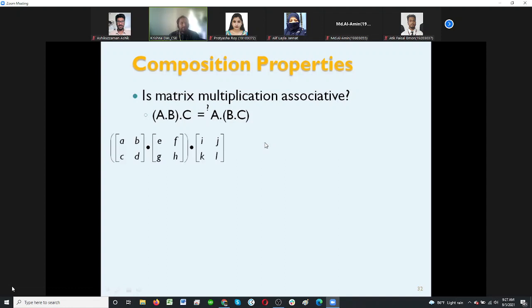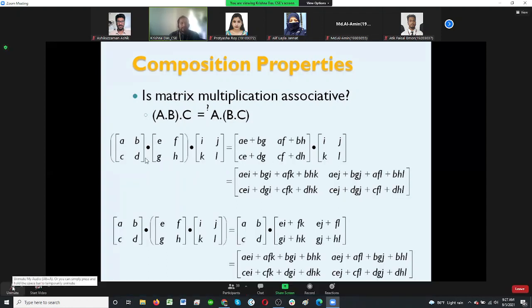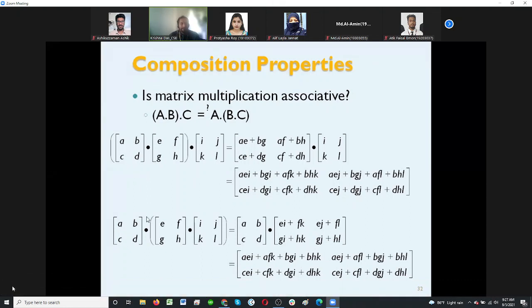If we do it in the matrix, you will find they are equal. Okay, so we have taken the same components: this one is A, this one is B, and this one is C. Now, for the associative nature, we do the first two, AB, and we get AE plus BG, and CE plus DG.